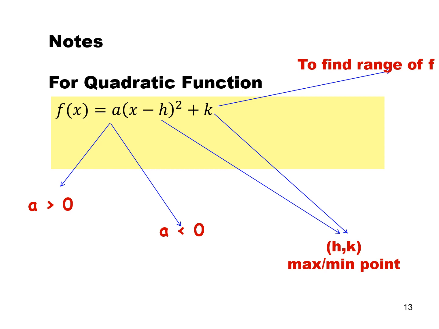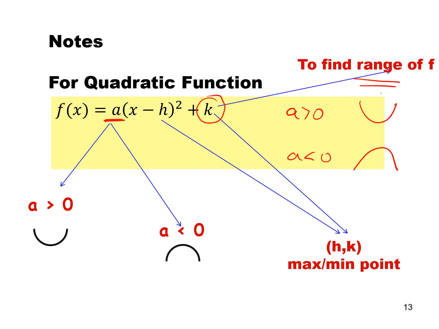To find the range for this graph, you can look at the k and also a. a greater than 0 shows that this is a minimum, a less than 0 shows that this is a maximum, and k is the starting point of the range of f, and (h, k) is the maximum or minimum point, and from here we can straight away find the domain and range.